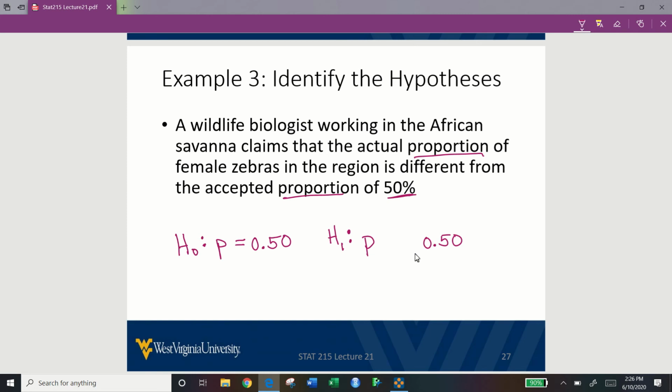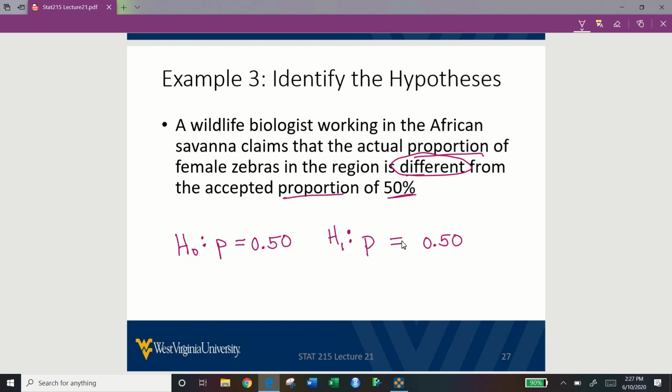A wildlife biologist working in the African savanna claims that the actual proportion of female zebras in the region is different from the accepted proportion of 50%. The key word here is different. Notice it doesn't say less than or greater than, it just says different.